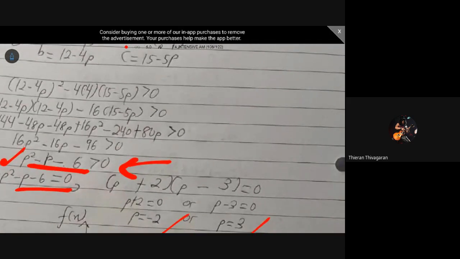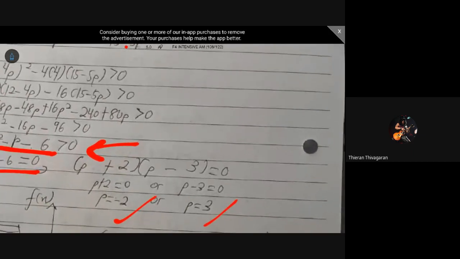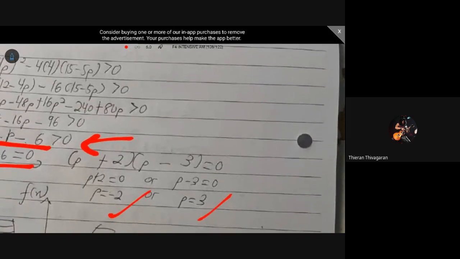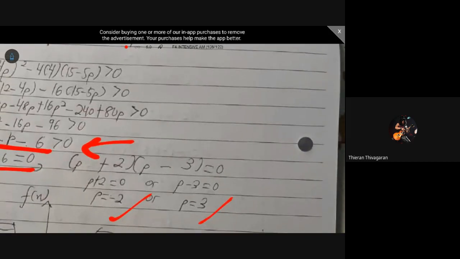Tak perlu tulis pun. No need. So how many methods we have guys to find range? Berapa kaedah cari julat? You all learn in quadratic. How many methods we have? Yeah, 3, correct. You have 3 methods.